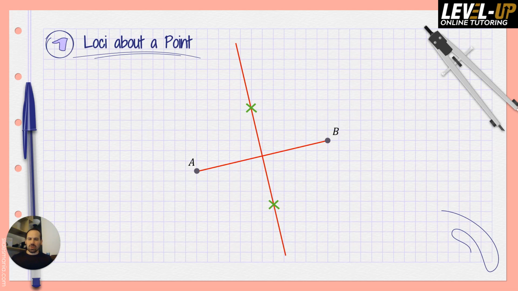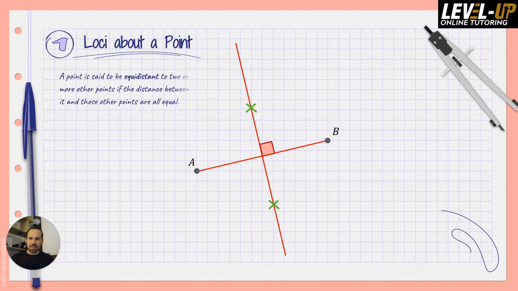We saw this last time with circle theorems, a tangent line and a chord: if it intersects at a right angle, it cuts the line into two pieces. It's a similar thing here. This is going to be a right angle, and it will cut AB into two equal pieces.